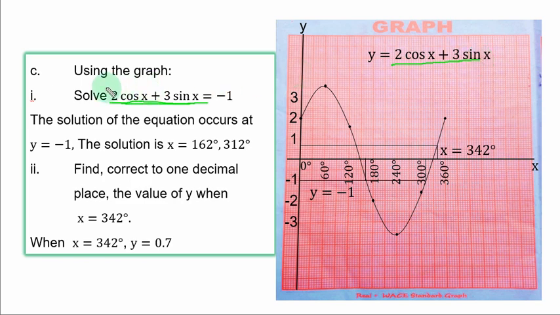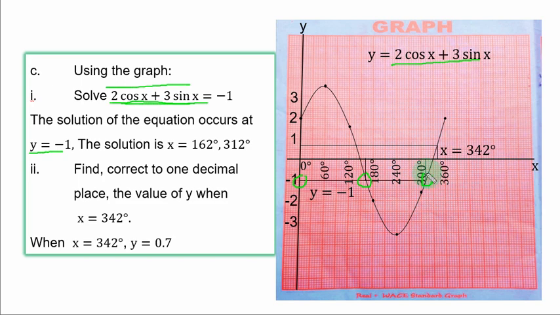The whole of this side is equal to y. That means the solution of the equation occurs at y equals minus 1. You go to the y-axis and you locate minus 1 somewhere here, and you trace it across the curve, and you have 2 points of intersection. One point is here, another point is here.